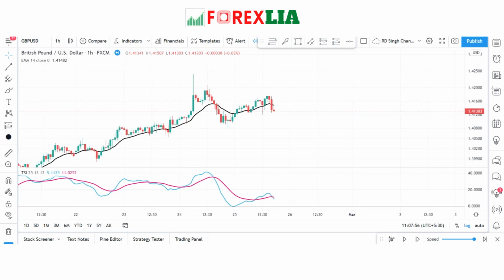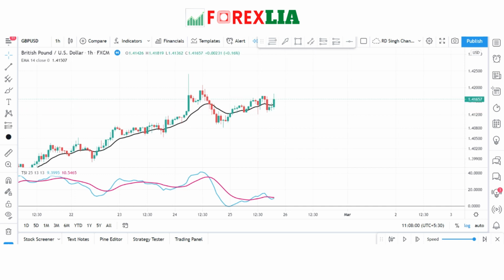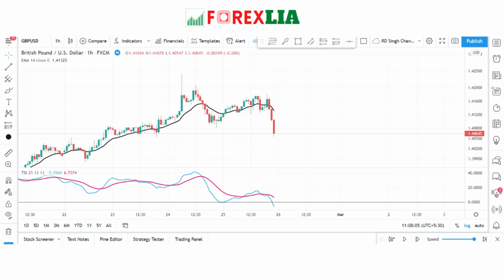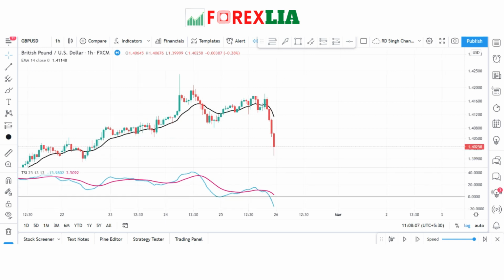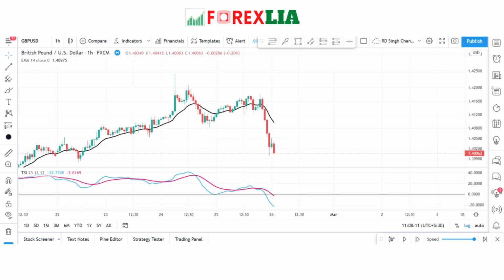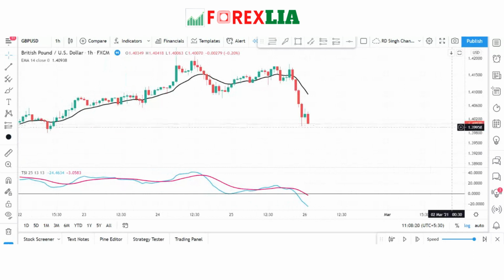A signal to sell is generated when the TSI crosses below the zero line and the candle is below the 14 period EMA. Here is the signal confirmation: TSI crosses below the zero line and the candle is below the 14 period EMA.